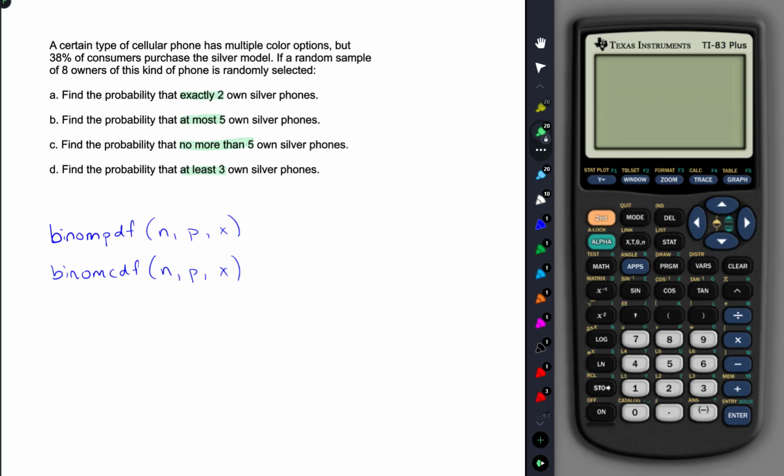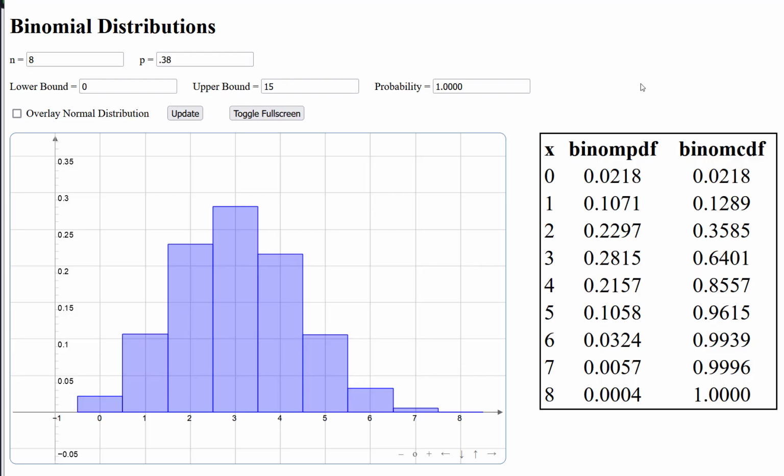First off, let me show you what the distribution looks like. Here I have a binomial distribution with 8 trials because we have 8 people randomly selected.